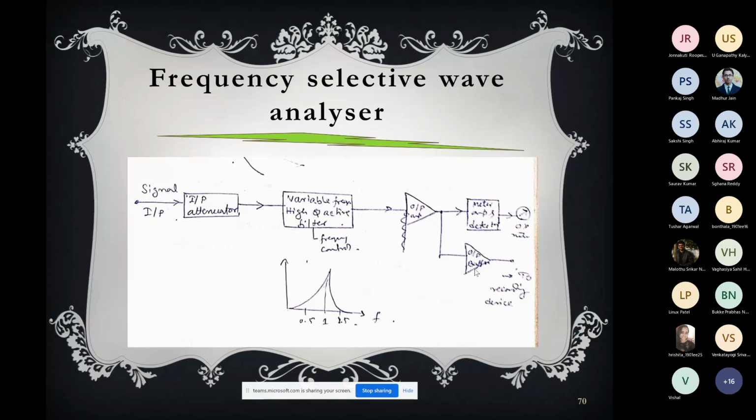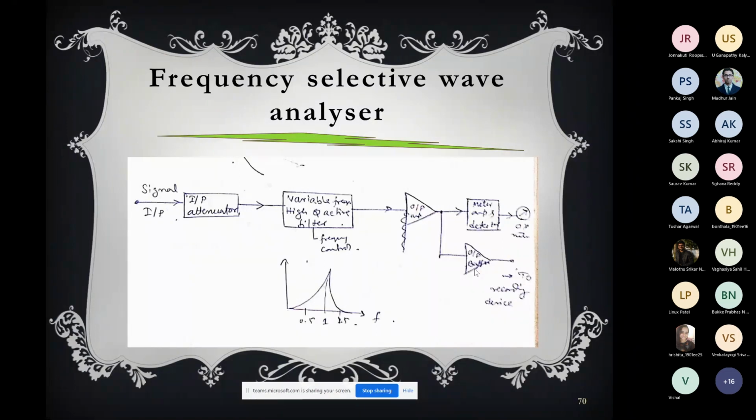Okay, is that clear? A frequency selective wave analyzer does the frequency domain representation; it shows the signal in the frequency domain when you apply a time domain signal to this instrument. So suppose you want to see the signal in the time domain, you have a cathode ray oscilloscope.